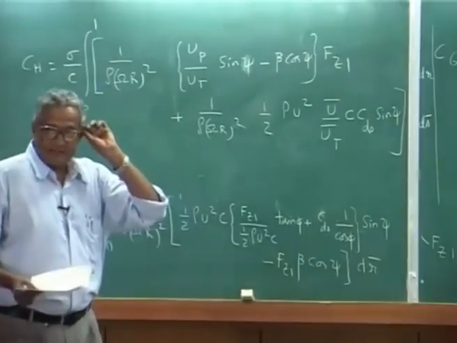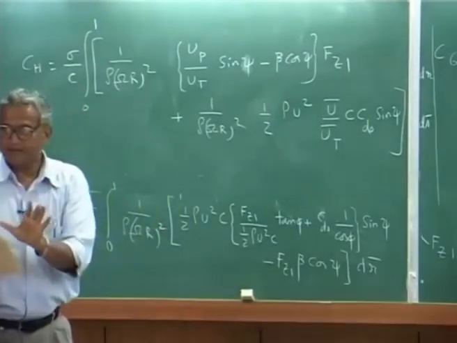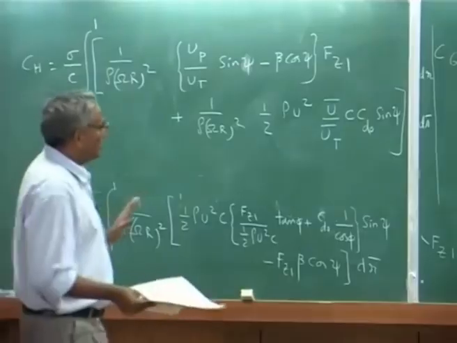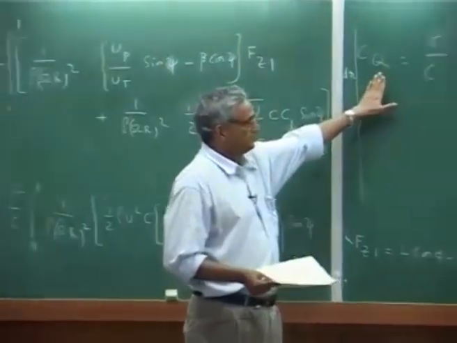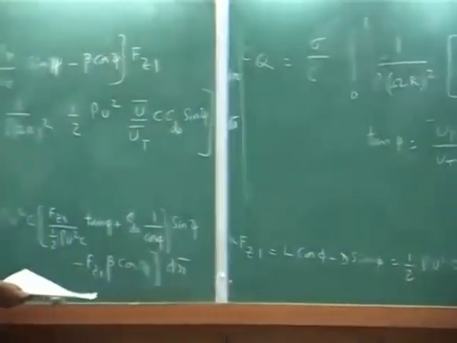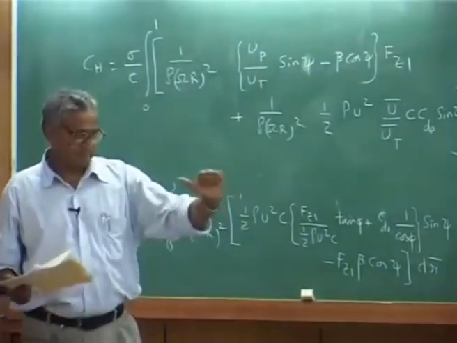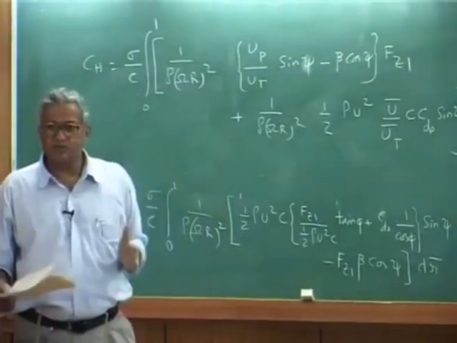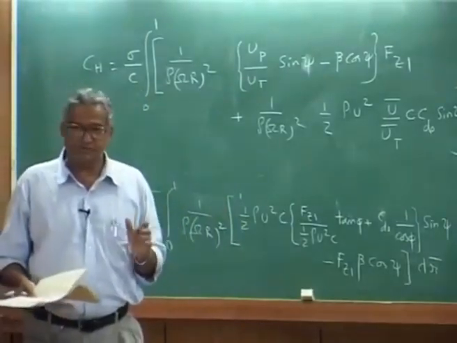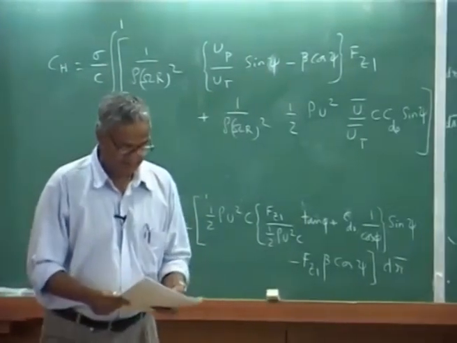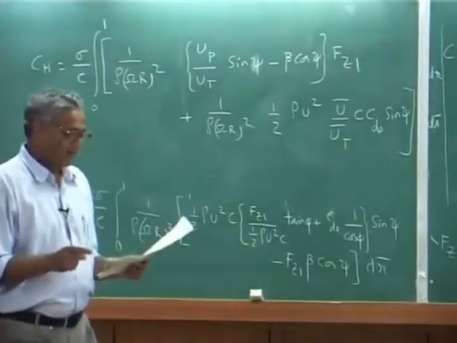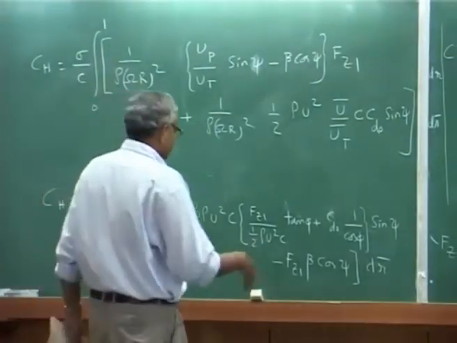Now, you have written two expressions, one for C_Q and one for C_H. You know C_H is the longitudinal force coefficient, and C_Q is the torque coefficient. Now, only a little more.